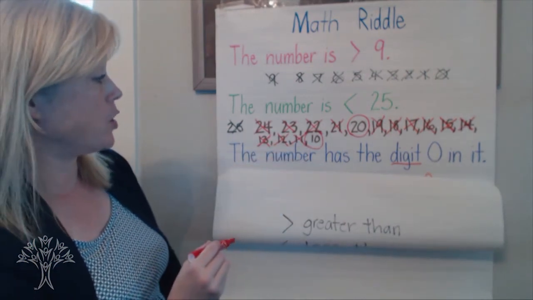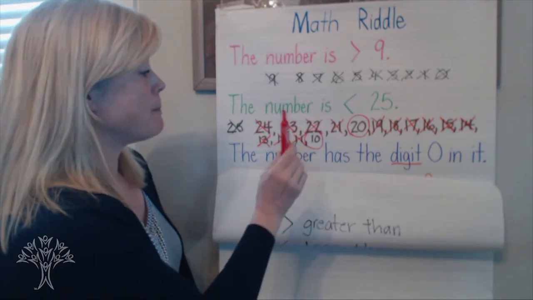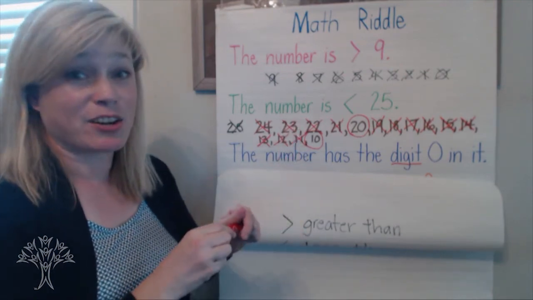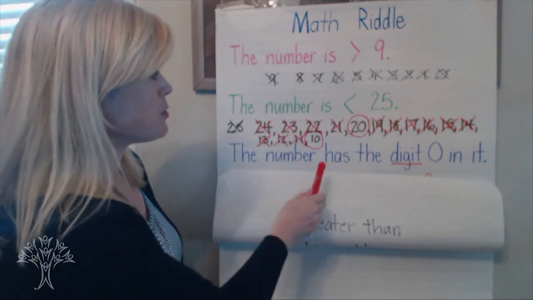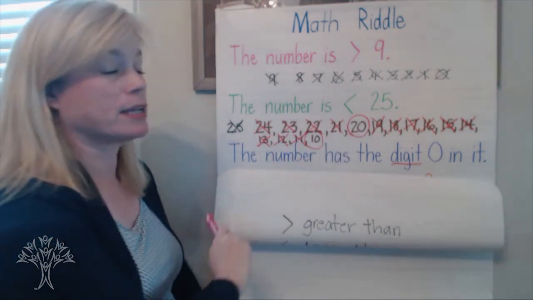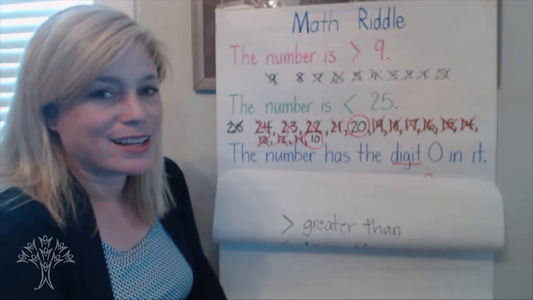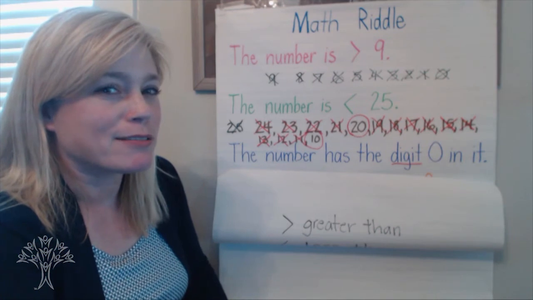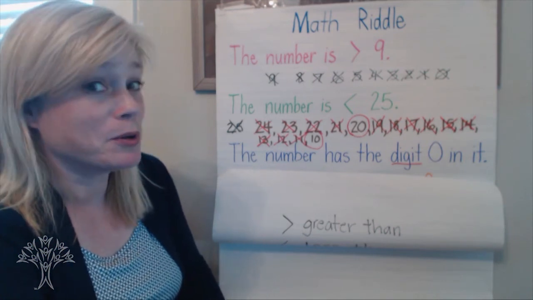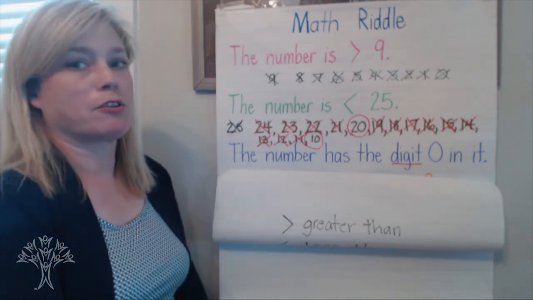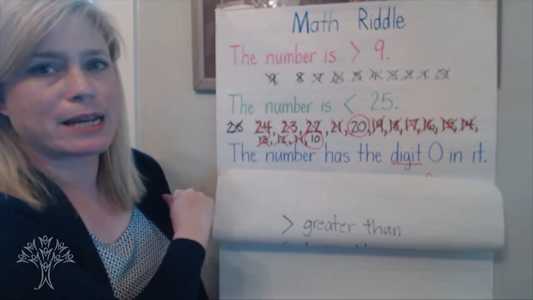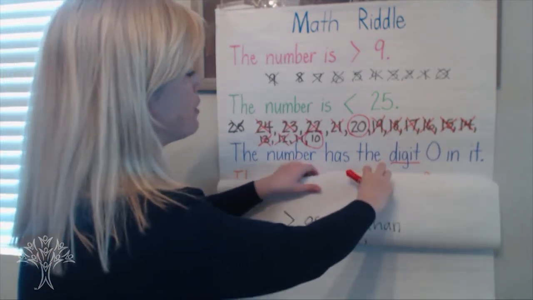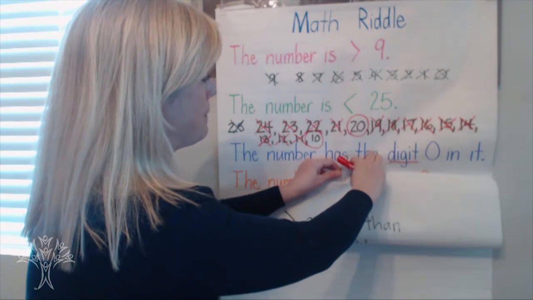So now I know our mystery number has a 0 in it, has the digit 0. So it could be 10 or it could be 20. Well, you're close. The number that you picked before, was it one of those two? Or are you thinking, oh, maybe next time? All right, let's find our final clue.